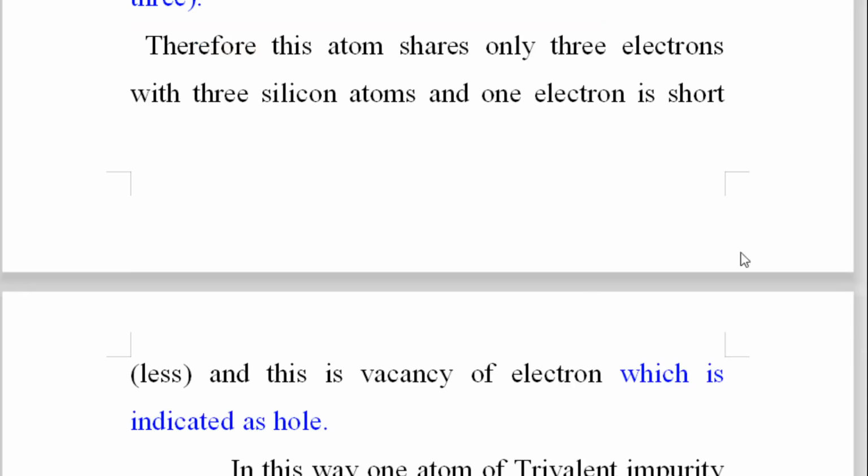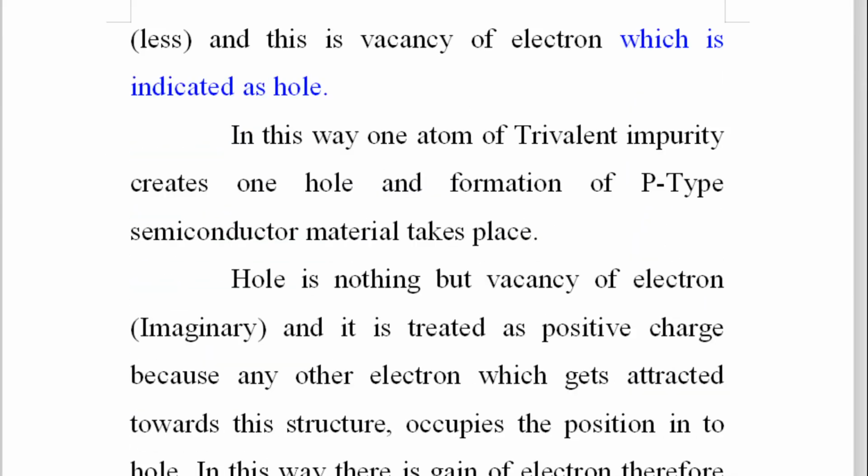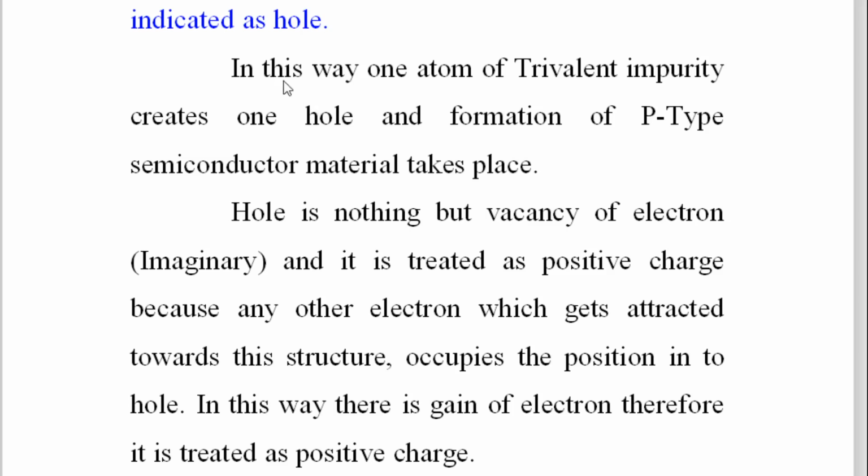That is a vacancy of electron which is indicated as a hole. So a hole is not anything special, it is a vacancy of electron. In this way, one atom of trivalent impurity creates one hole, and formation of p-type semiconductor material takes place.